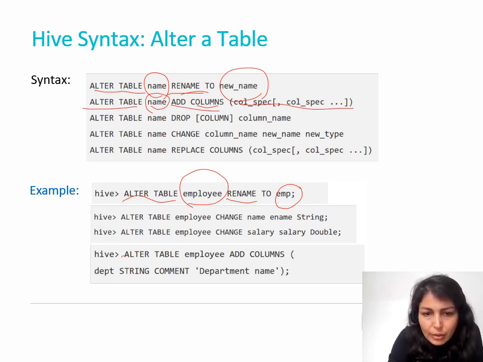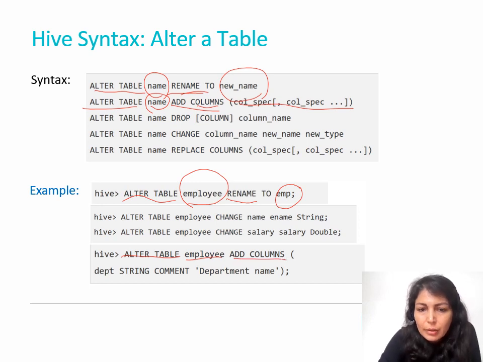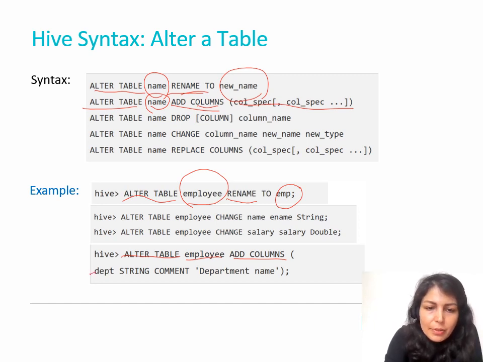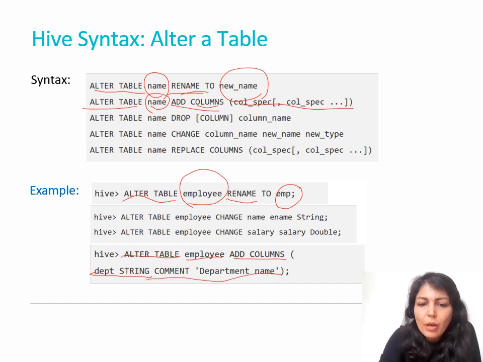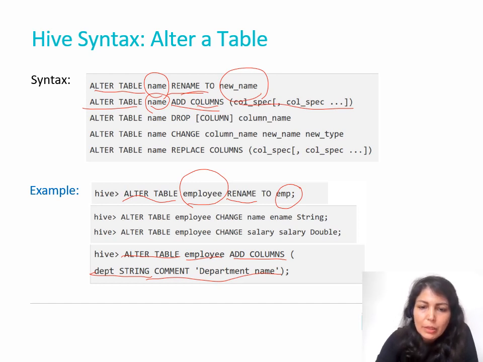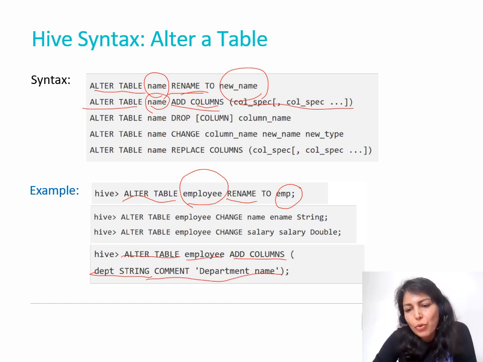You can see alter table employee add columns. Okay, I'm using employee because I didn't change the name yet. Okay, I want to add these columns. Dept, the type is string, and I can add a comment. I have added just one column here, but if you want, you can write a comma and add another column or more columns. Okay.